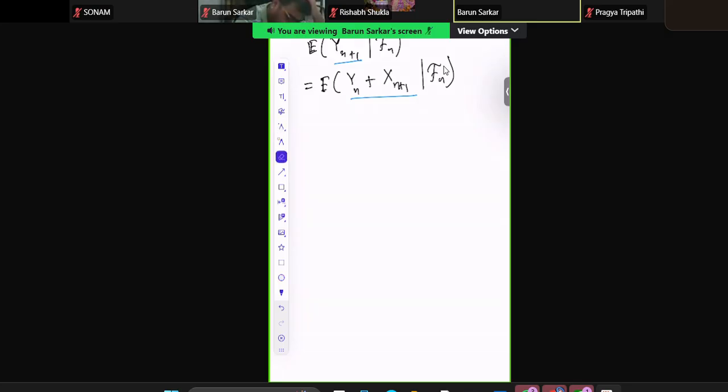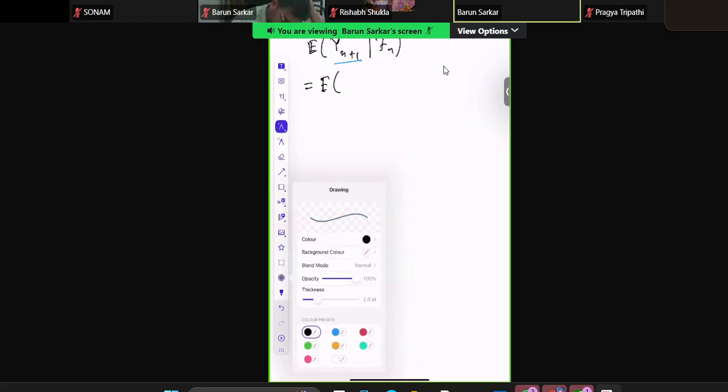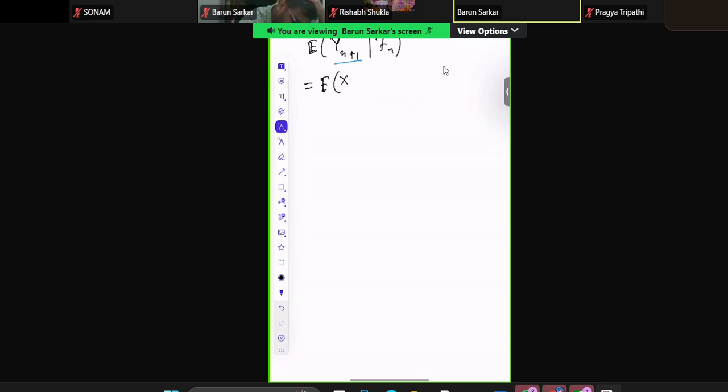Or if someone wants to write it more rigorously, you can see it this way. So Yn+1, by definition, is X1 plus X2 plus dot dot dot plus Xn plus Xn+1, given Fn.